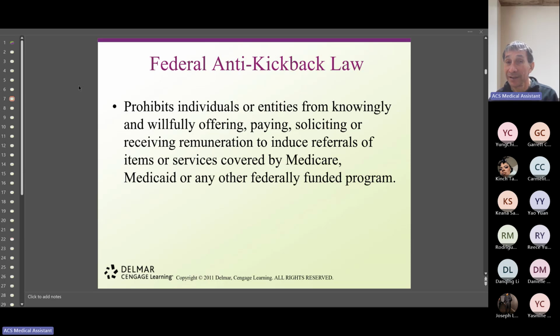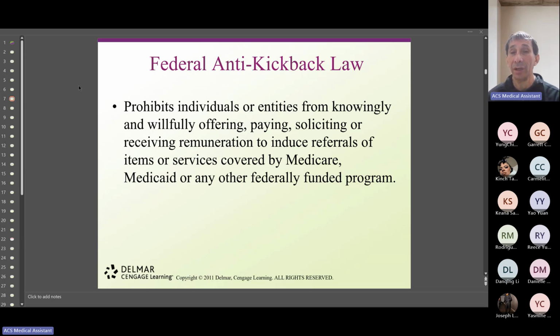So this happens more than you think. Medical doctors refer patients to their friends, to someone else who's paying them or from whom they're receiving some type of remuneration or compensation. And it happens a lot with referrals. And it makes sense, right? If you recommend me someone, then I will pay you a commission. I will give you something.